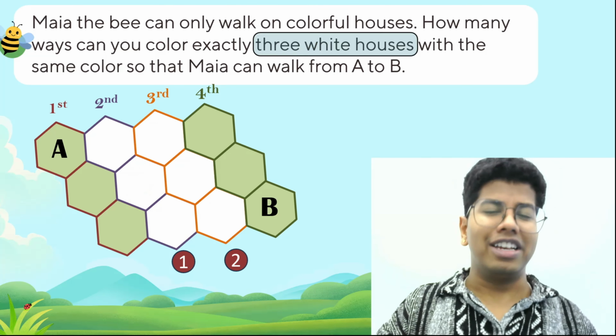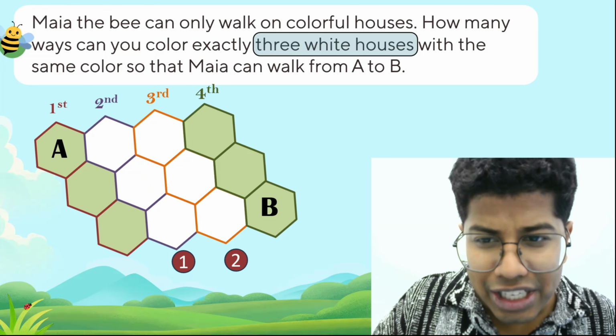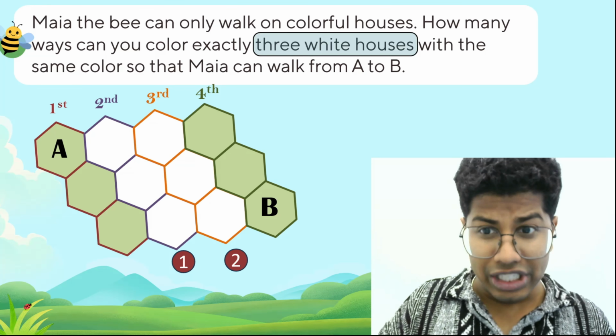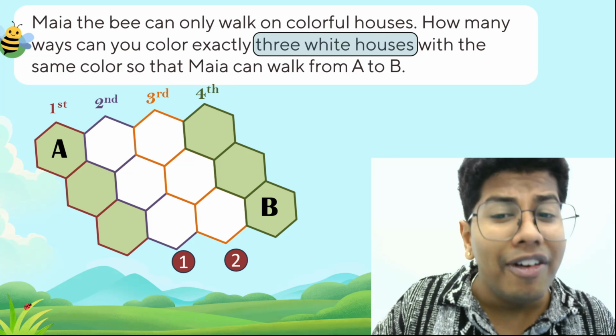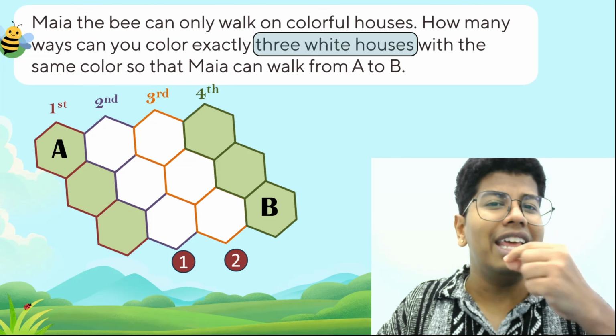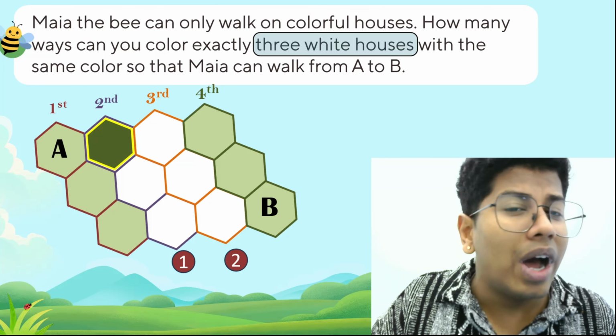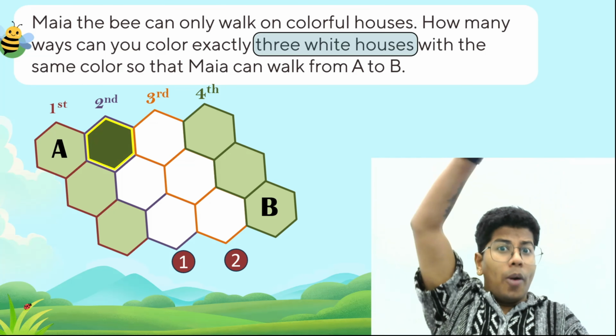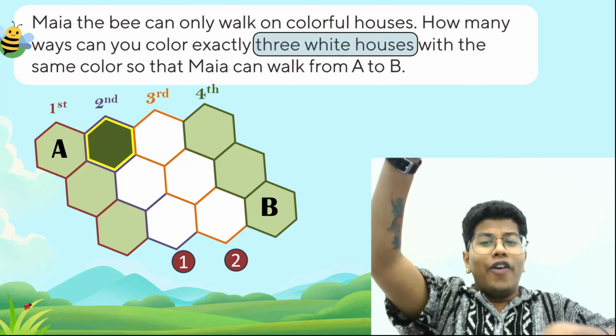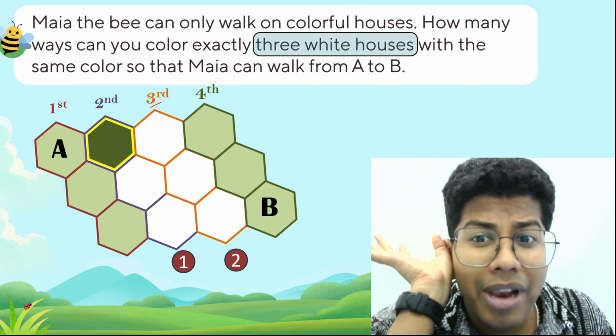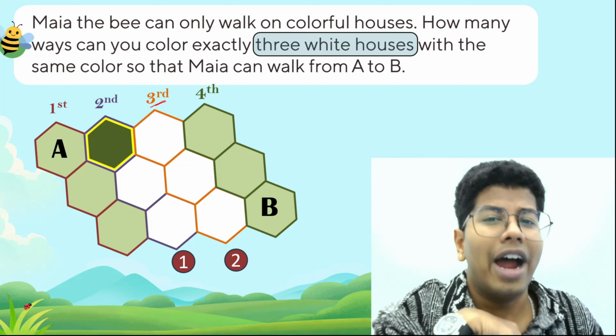So, let's see the first case. That is, from level 2, I color just one of the blocks. And from level 3, I color 2 of the blocks. Let's see the number of ways. From level 2, if I color this one first, we are starting from the top first. So, I want to color from level 3 also 2 of the white houses.